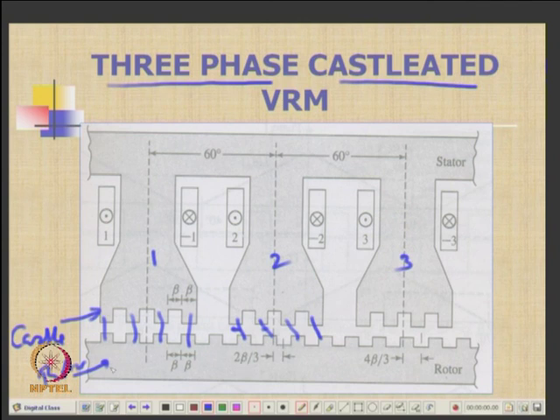So there is a movement of this. But that movement is small; it is not moving by a pole, but by a slot. So by this way, you can see that it is a smaller movement.